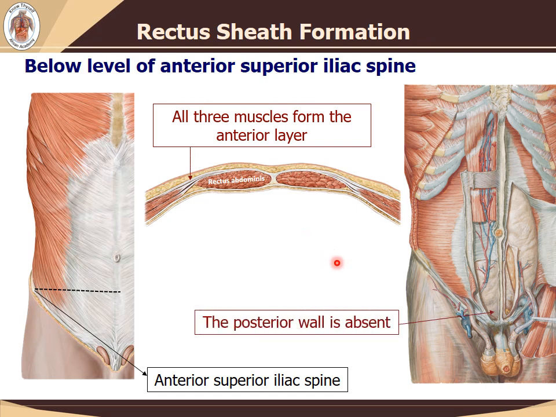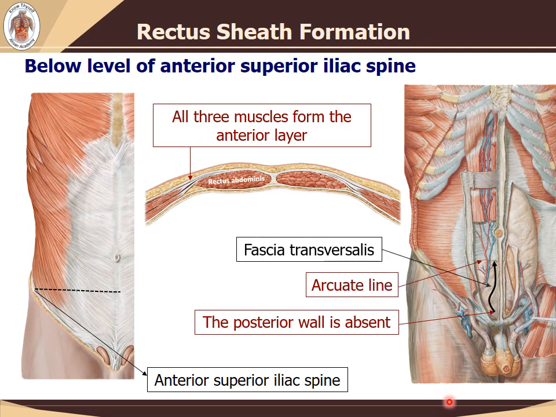You can see this posterior layer, and it is deficient below the line of the anterosuperior iliac spine, and this margin is known as the arcuate line. So below the arcuate line, the muscle remains directly on the fascia transversalis, as I have shown by changing the color. This is the fascia transversalis.